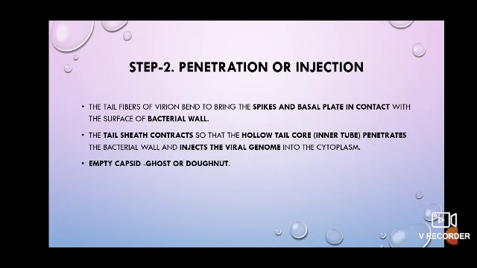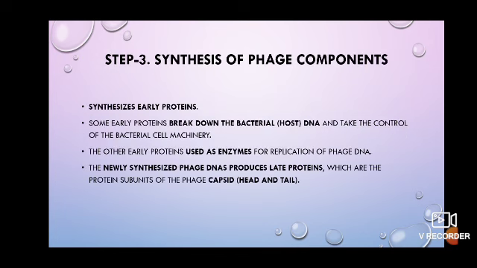The spikes and basal plate come in contact with the bacterial cell wall. The tail sheath contracts. The hollow tail core penetrates like an injection syringe into the bacterial wall and injects the viral genome. So now the double-stranded DNA of the T4 phage gets into the cytoplasm. The empty capsid, the protein coat that remains outside, is called a ghost or doughnut.